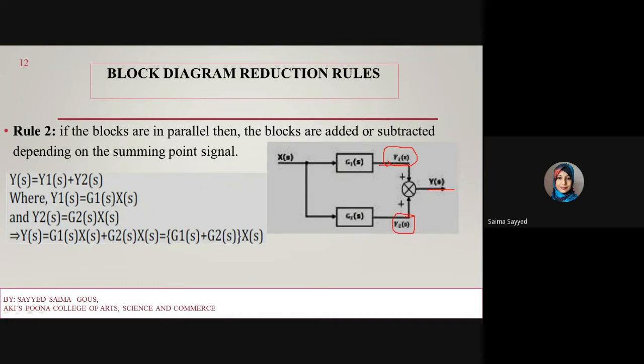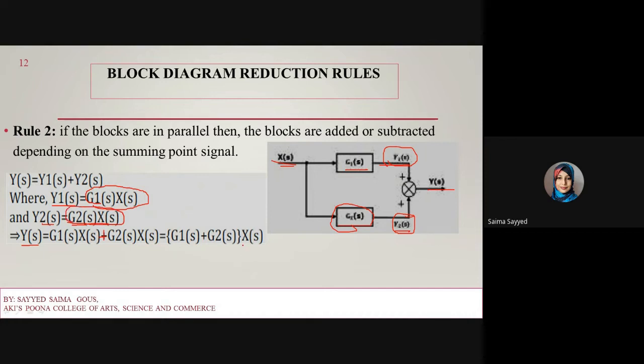Here Y1(s) is equal to G1(s) into X(s), and Y2(s) is G2(s) into X(s). So the total equation will be Y(s) equals G1(s) into X(s) plus G2(s) into X(s).